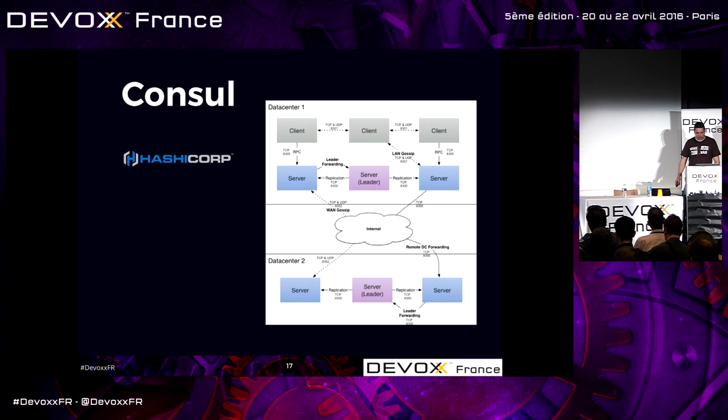So another system is Consul by HashiCorp. Who's heard of Consul before? Awesome, that's a lot of people. For those of you who have never heard of Consul before, have you heard of Vagrant? Okay, made by the same guys, Mitchell Hashimoto and his company, HashiCorp.